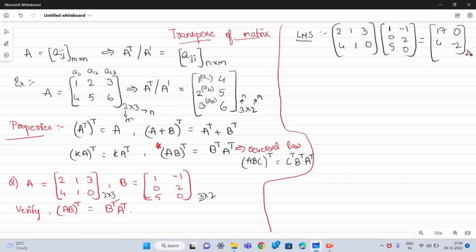Now it became 2 cross 2, 2 rows and 2 columns, right? Now, this is the AB multiplication.